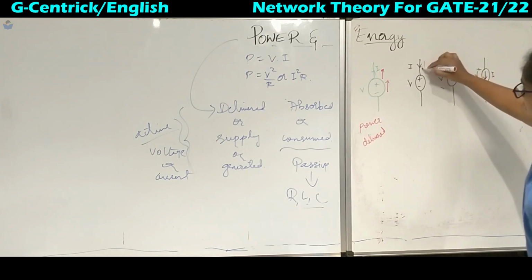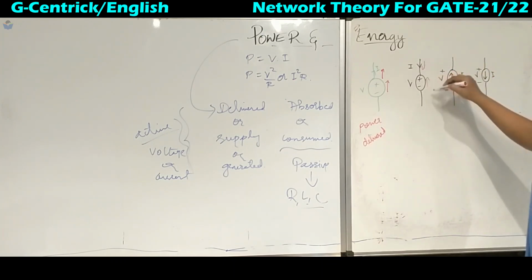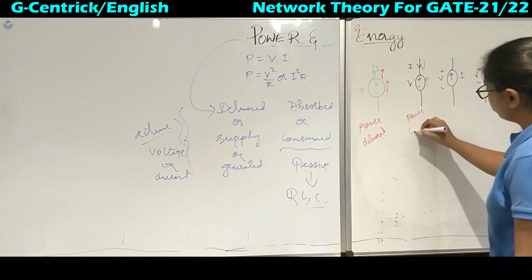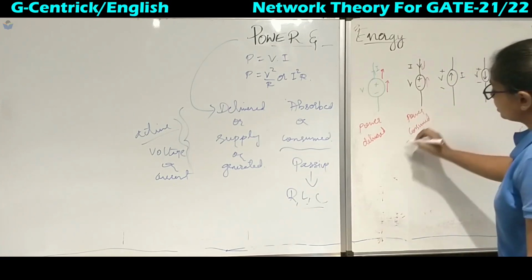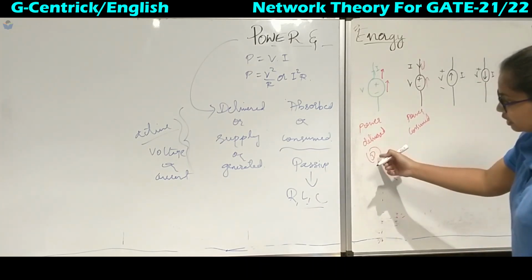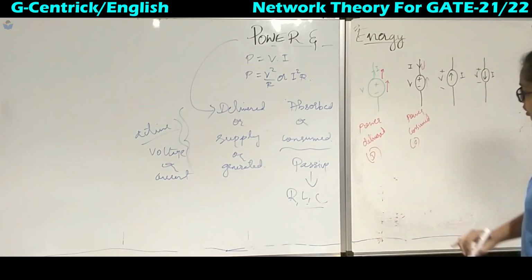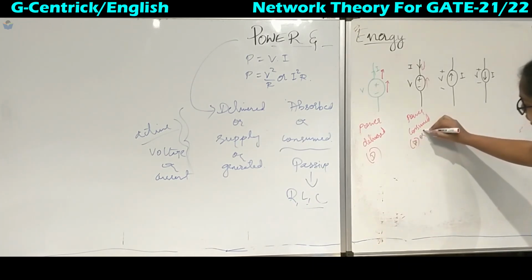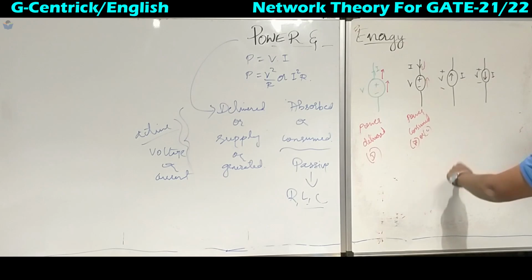Now here the current is downwards and the voltage is upwards, so we say power is consumed. The notation for delivered is D and the notation for consumed is C, or you can even write A or C, because absorbed or consumed.